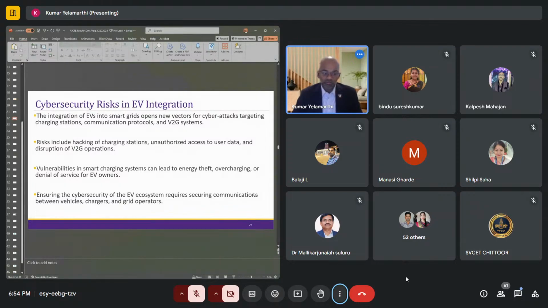Those are pretty harmful. I don't know if anybody has seen a place where batteries have exploded. But battery explosion is serious. It's very serious, very harmful. So somebody could easily attack a charging station, right?